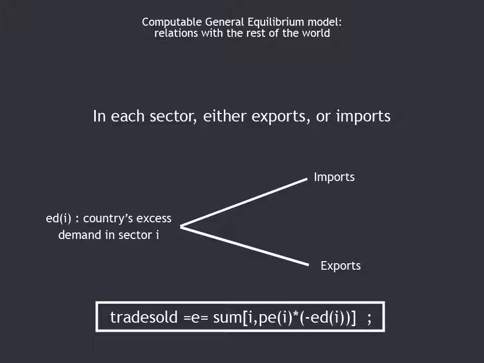First, we use world prices, because economists are used to measuring the foreign account at world prices and not at domestic prices.